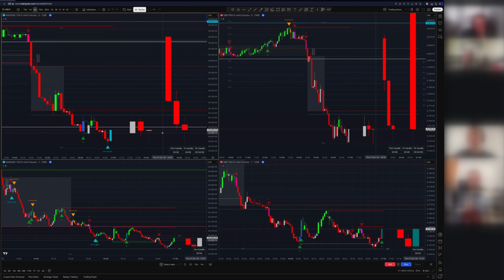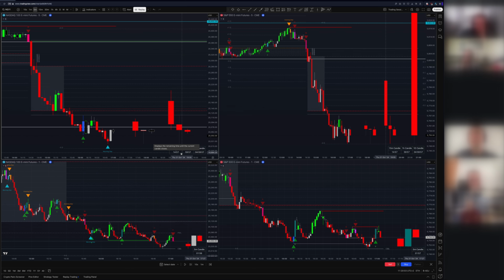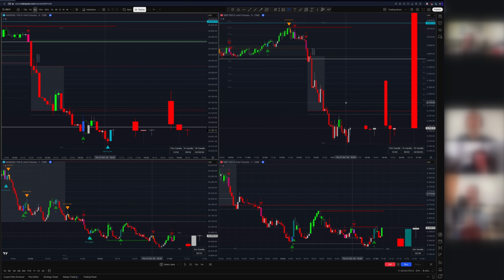Now we get an interesting signal on the 15-minute chart, but it's not fully formed. I will enter with the stop loss above the... Long, short? Short ES.